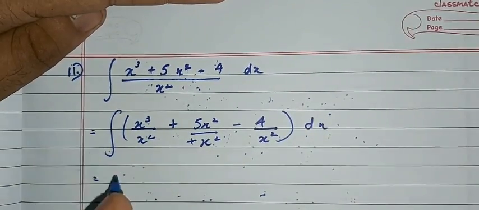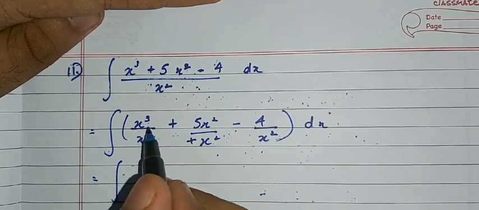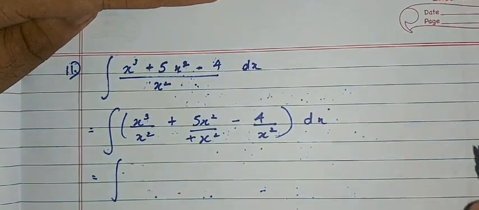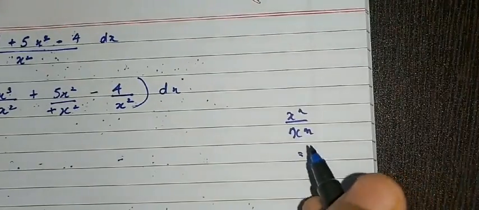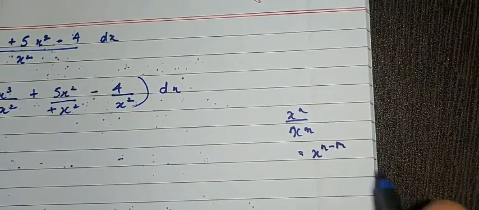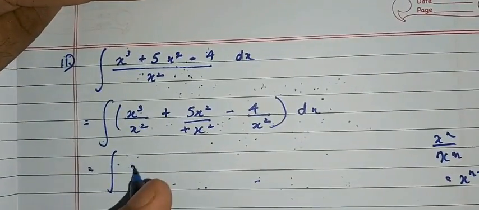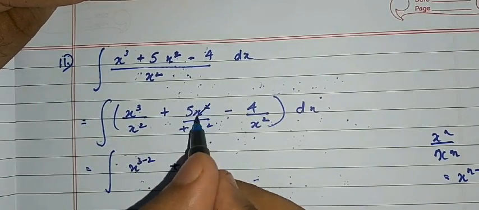What is x cube by x square, guys? X cube by x square is x raised to n by x raised to m. We have learned a formula that x raised to n by x raised to m is x raised to n minus m. So it will become x raised to 3 minus 2, plus this x square and this x square will get cancelled off, so 5.